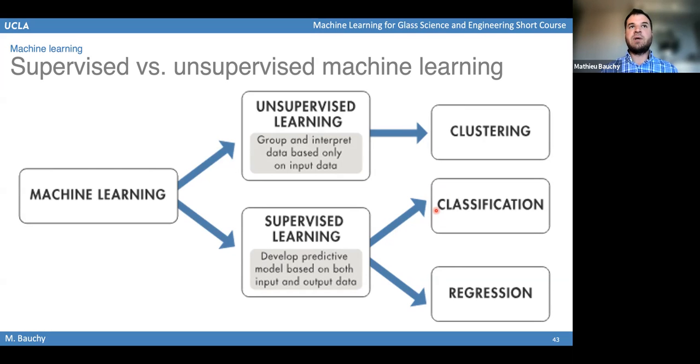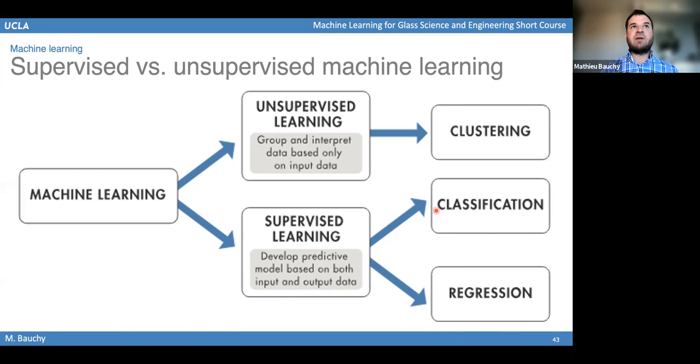You would have a data set of glasses for which you would know their composition, and then you would have categorical information about each glass. You would say this melt will form a glass, or this melt will crystallize. And so for each melt composition, you would say, does it crystallize or does it vitrify?